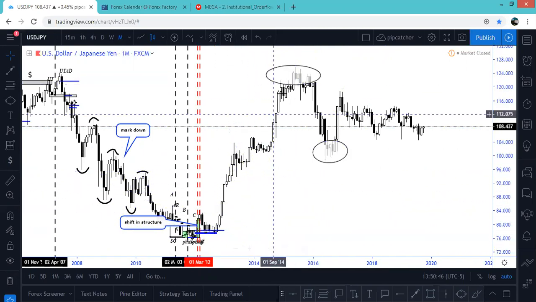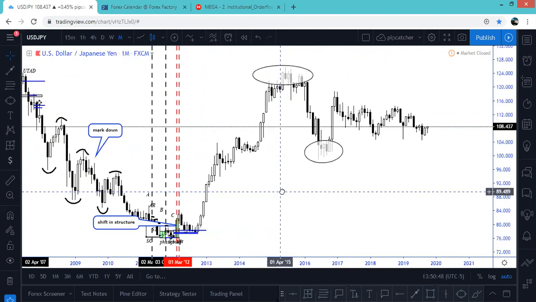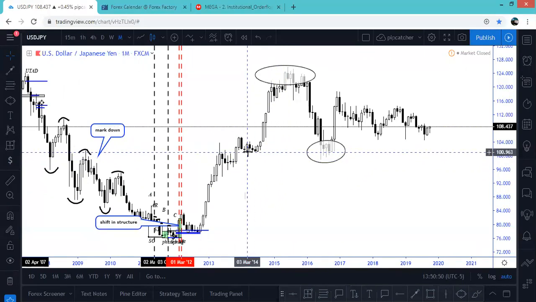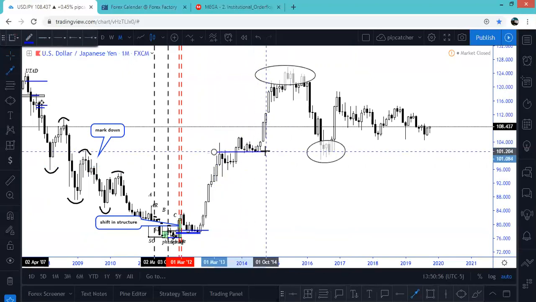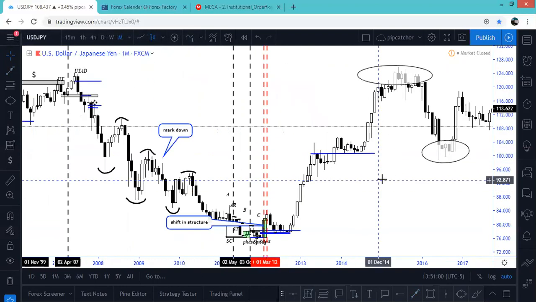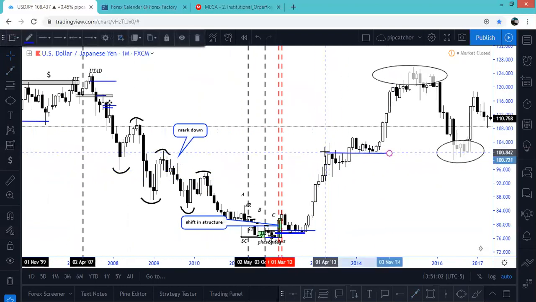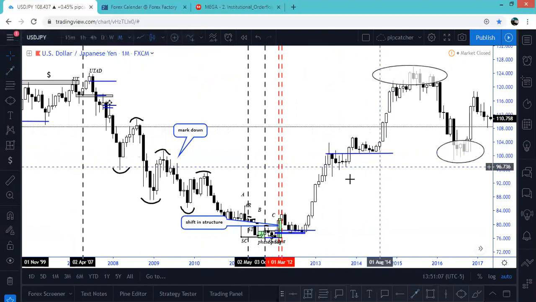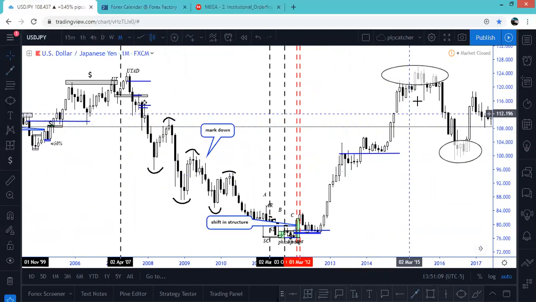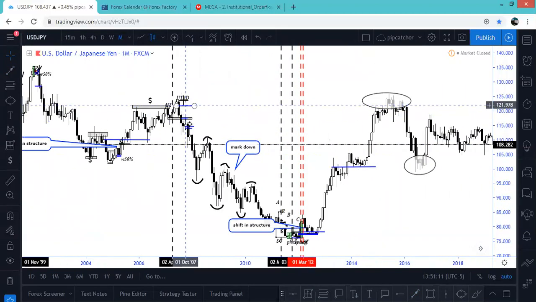Had a lot of bullish momentum, right, to the upside. And then we get finally up here.